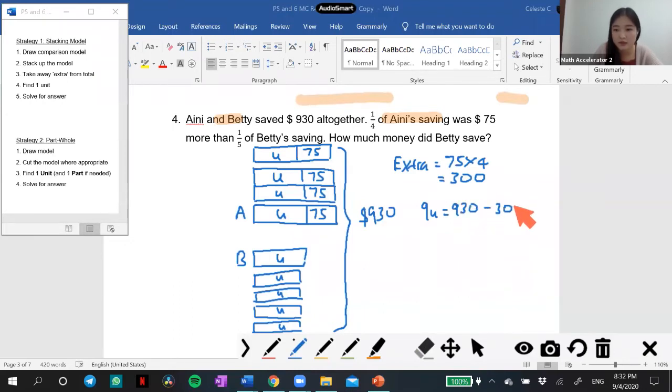Take away the 300. Okay, so from here, you can find 1 unit after you find out what is 9 units here. 630. Okay, find 1 unit and then find Betty.